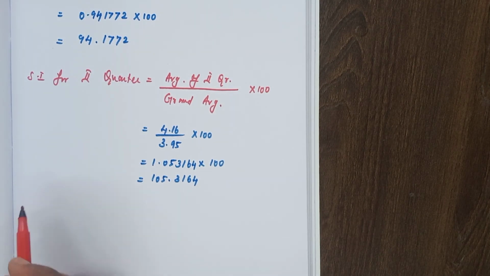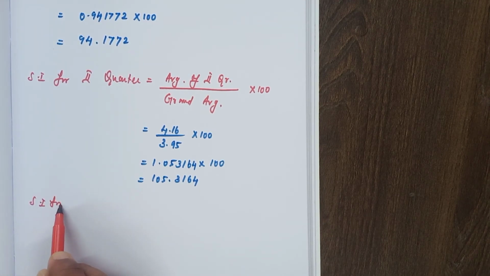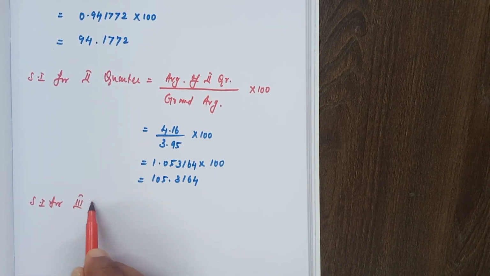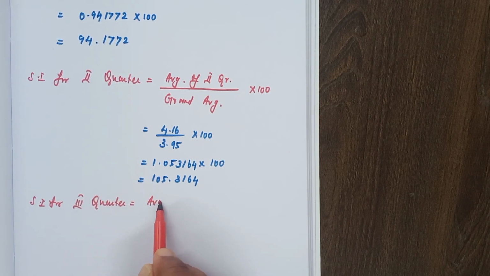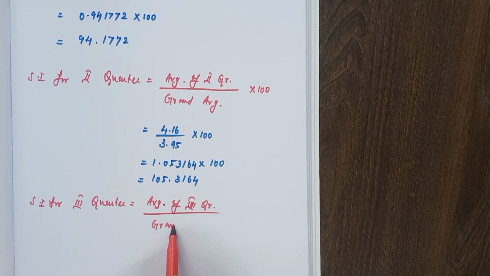Now the seasonal index for the third quarter. Formula: average of third quarter divided by grand average into 100.